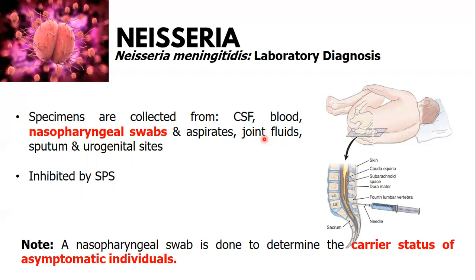Nasopharyngeal swabs can be collected to determine the carrier status of an asymptomatic individual. For disseminated infections, aspirates from joint fluids can be collected. And for those with urogenital infections due to unsafe oral-genital sexual behaviors, sputum and samples from urogenital sites could also be collected.